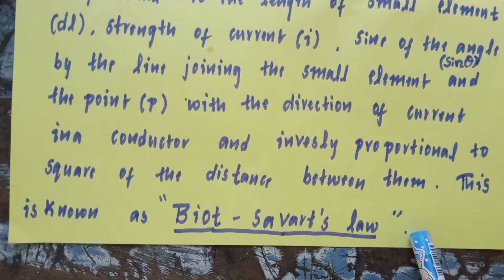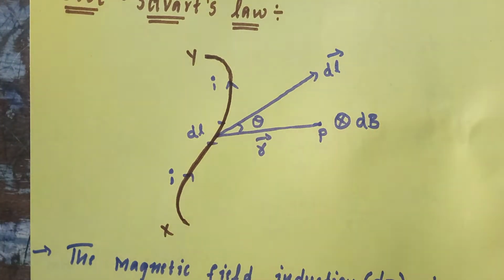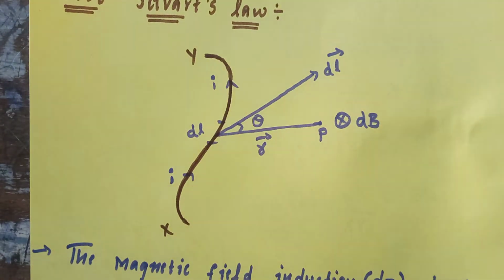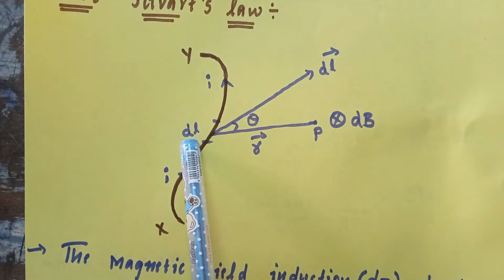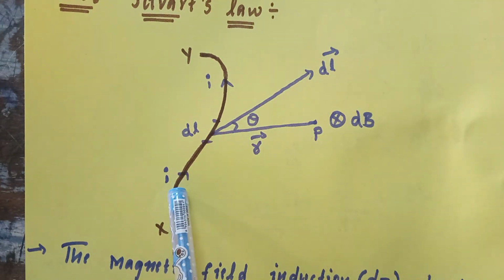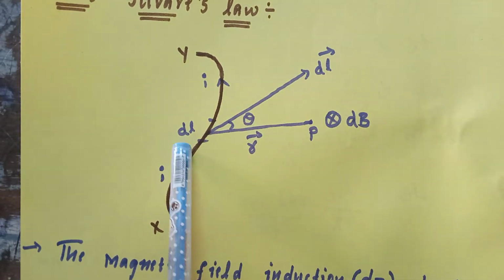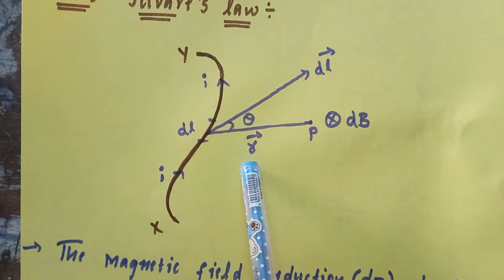Now I can explain this definition with the help of the diagram. See here, the magnetic field induction. The magnetic field induction due to a current carrying conductor is directly proportional to the length of the small element, the strength of current and the sine of the angle made by the line joining the small element and the point with the direction of the current, and inversely proportional to the square of the distance between them.